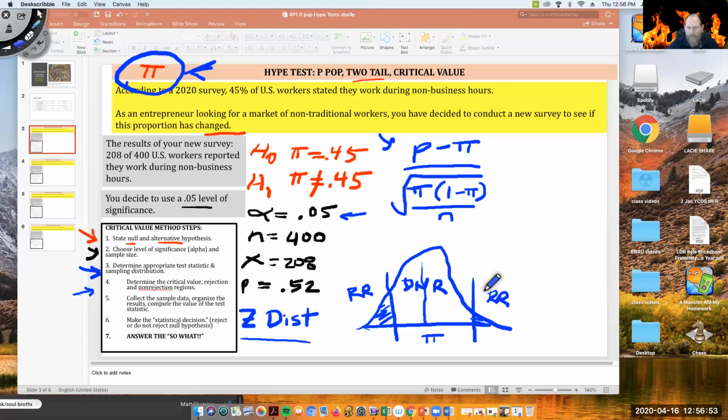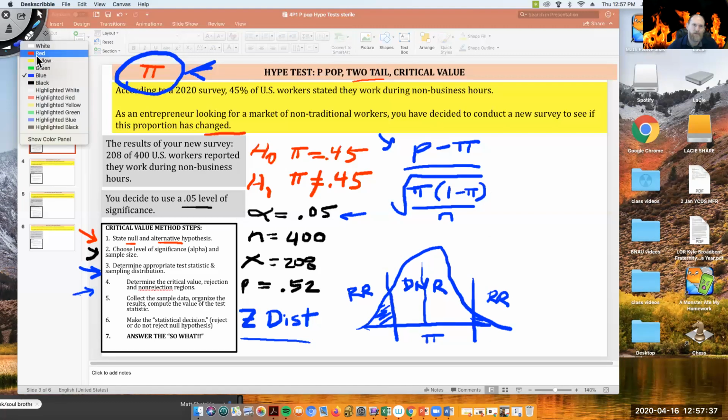And when we talk about reject, we're saying that if this value falls either out here or over here, we are going to reject the null hypothesis. If it falls in here, we're not going to reject the null hypothesis. Okay, so to set up this architecture, we first have to determine what's the value.